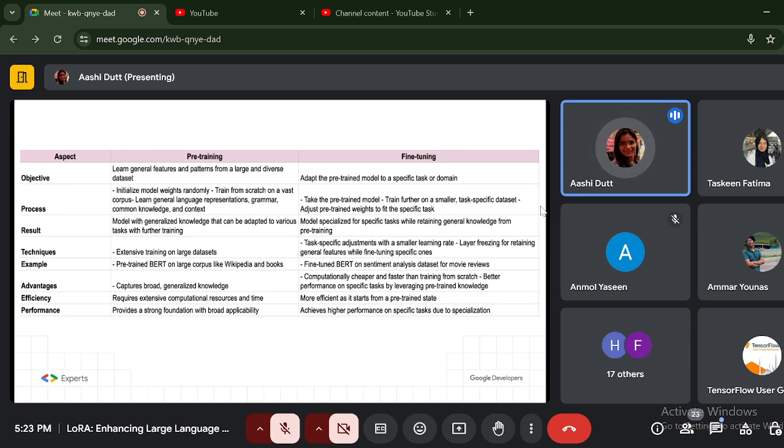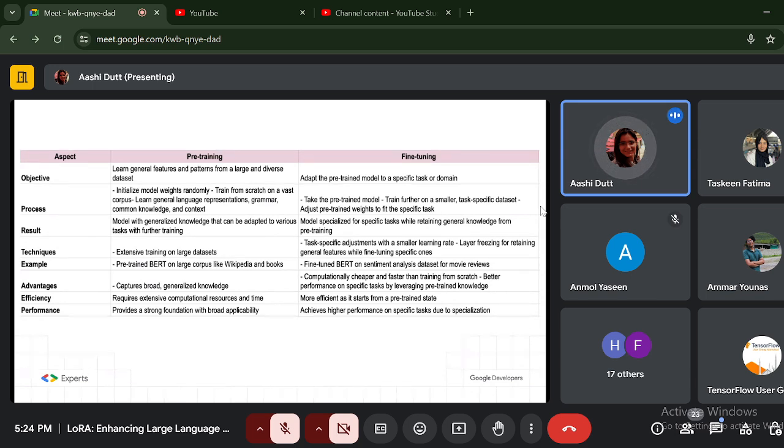And a very interesting thing is the techniques and examples. So basically, the example of pre-training is a BERT model pre-trained on a very large corpus, say Wikipedia or a number of books in your library. Fine-tuning is a fine-tuned BERT model on sentiment analysis.